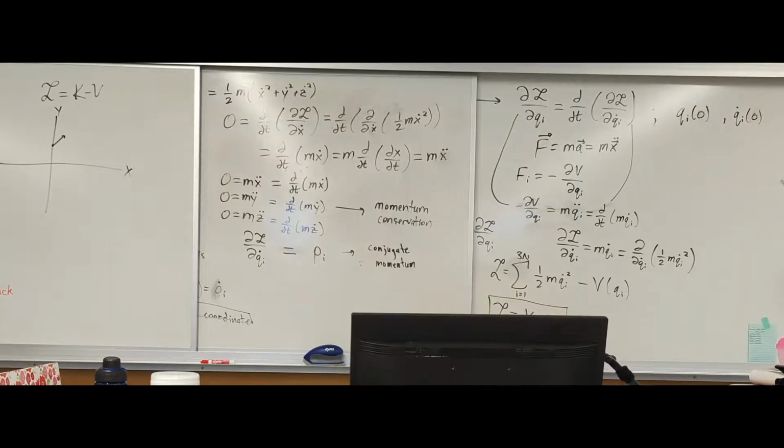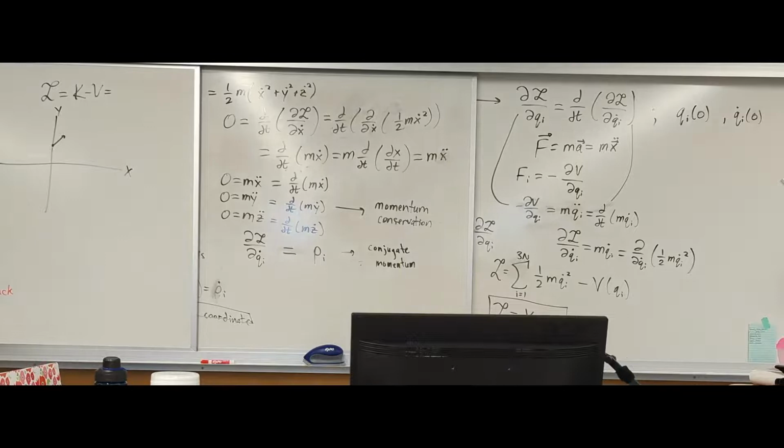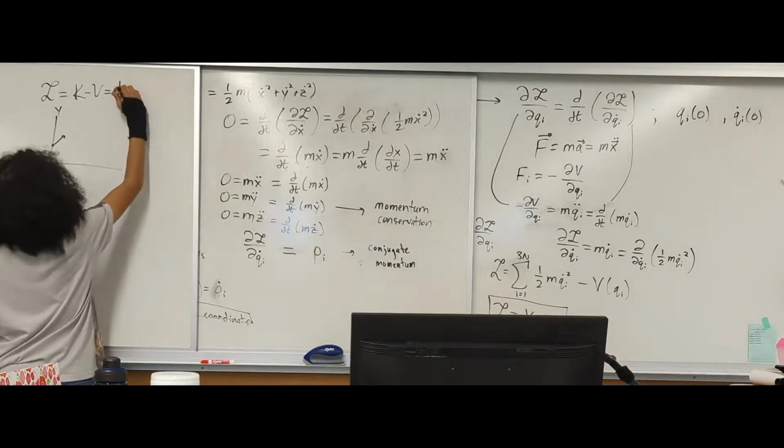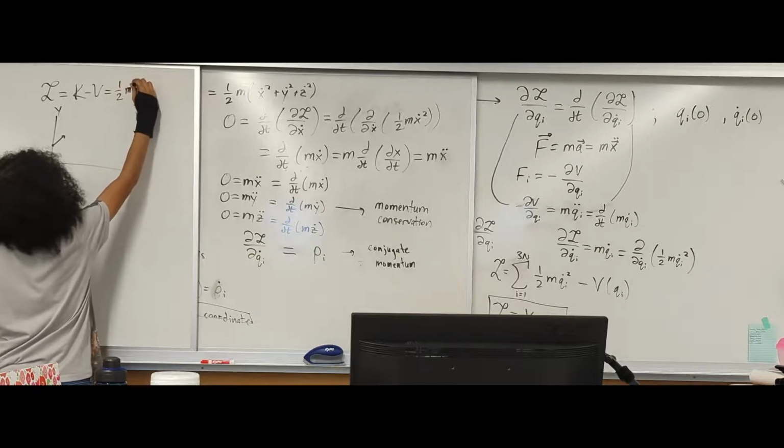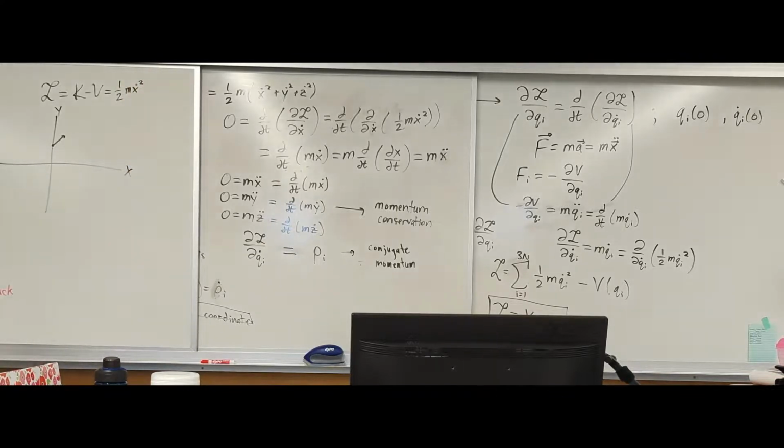It would be, with respect to the x direction, 1/2 m x dot squared, minus mgy. So I guess you need to include with respect to x, it's just that, but with respect to y, it's 1/2 m y dot squared minus mgy.